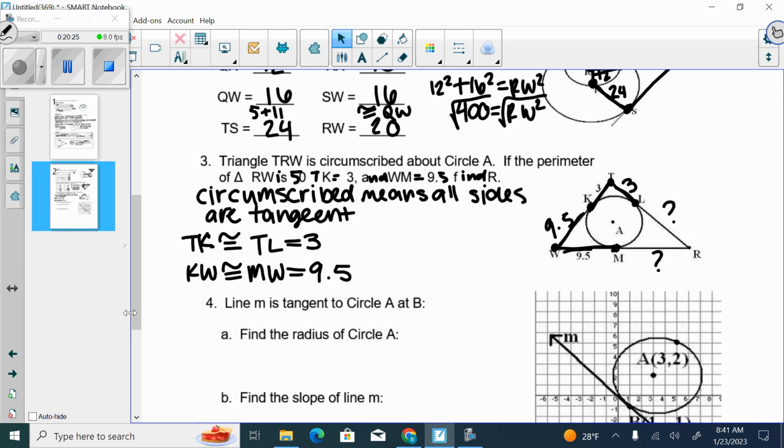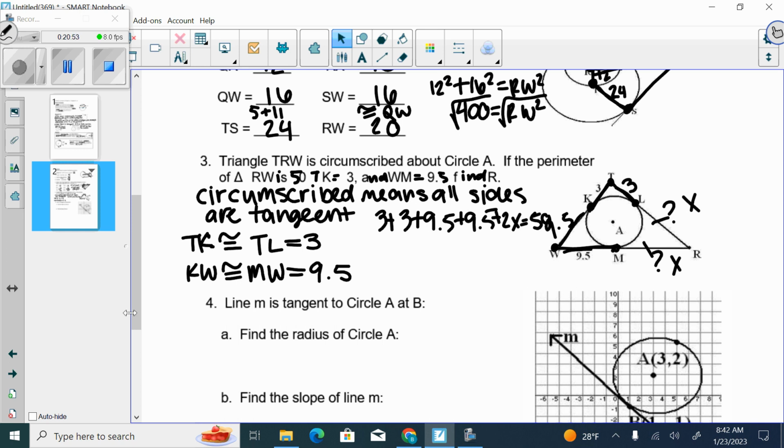Exactly, because we know that these two pieces are going to be congruent, whatever they are. It'll be what's left over. So we'll have 3 plus 3 plus 9.5 plus 9.5 plus these two pieces here. We'll call them x and x, which if I add those together is just 2x, is going to equal that perimeter 50.